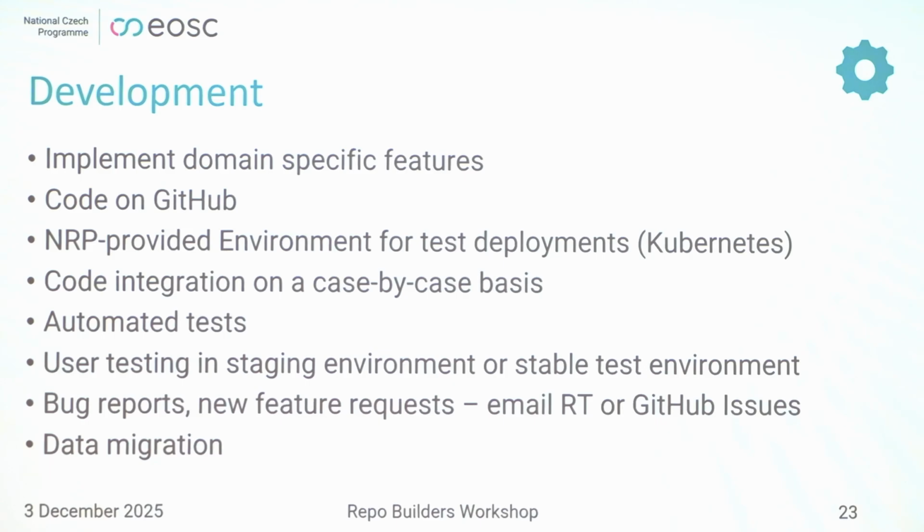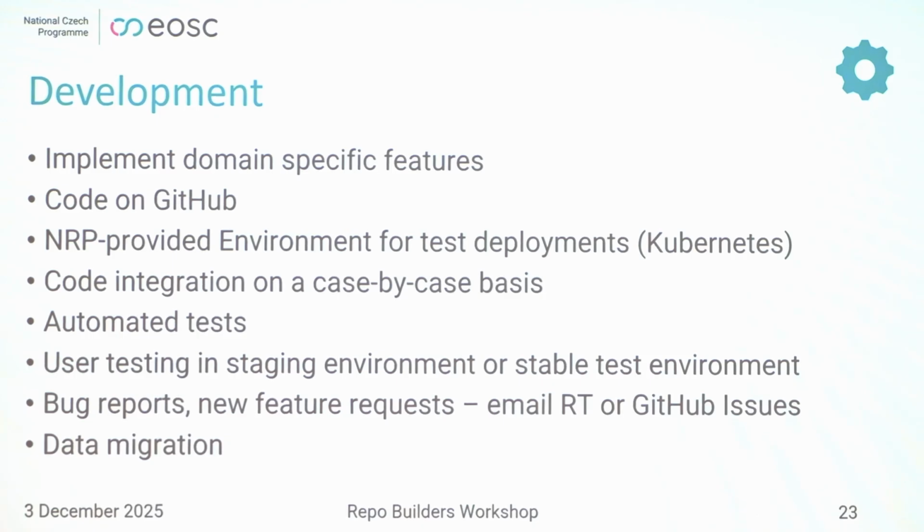The next phase is development. And in this one, you are implementing specific features according to what was agreed on. You put the code on GitHub, most likely, and you'll have some Kubernetes environment available.